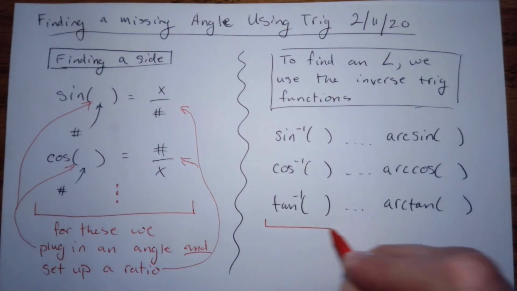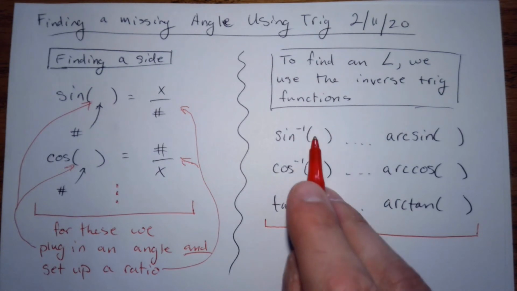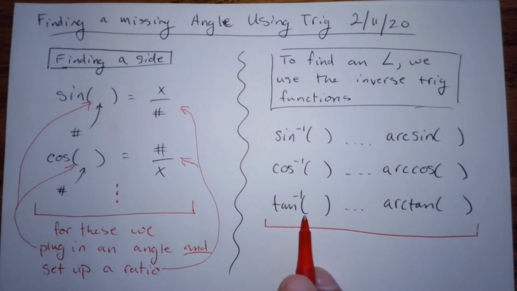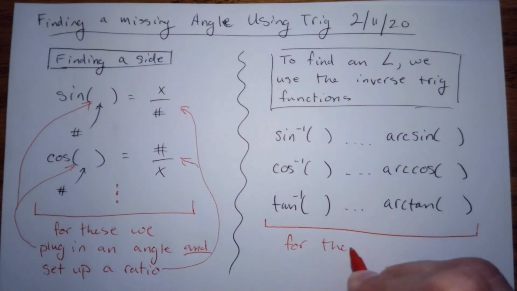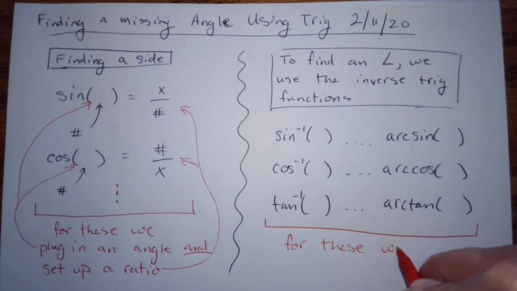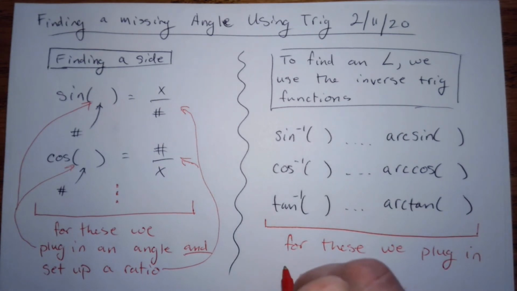So for these, we're not plugging in angles to these. So for these, we plug in side ratios, and we get out angles.